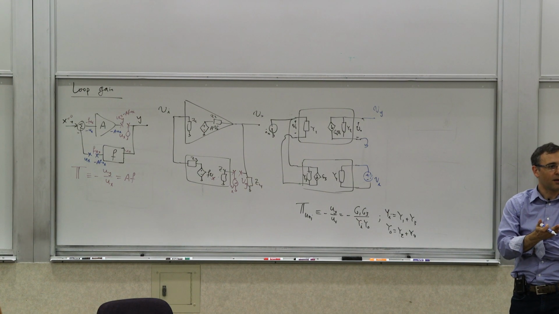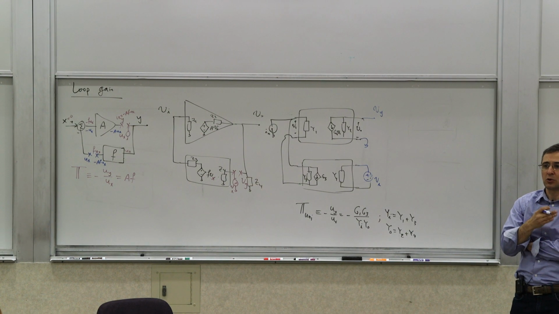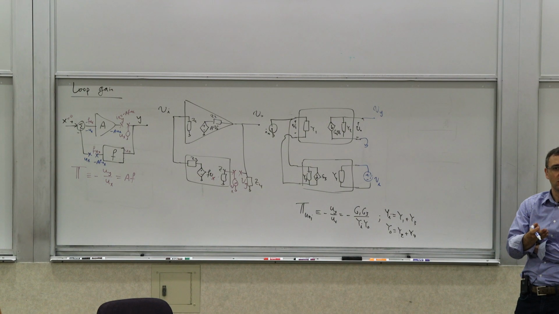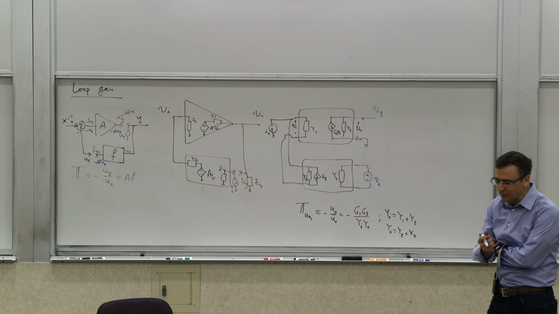We could do that. It's not necessarily the right thing because we are now ignoring that loading effect, but we can do it, so we can see what we get.